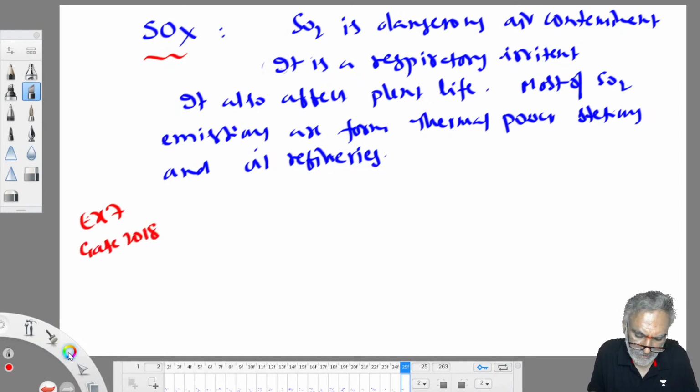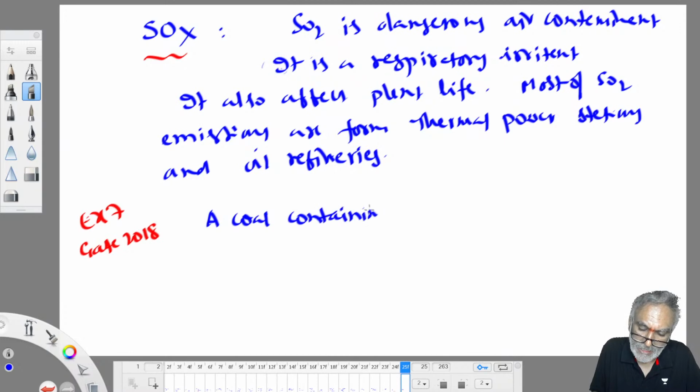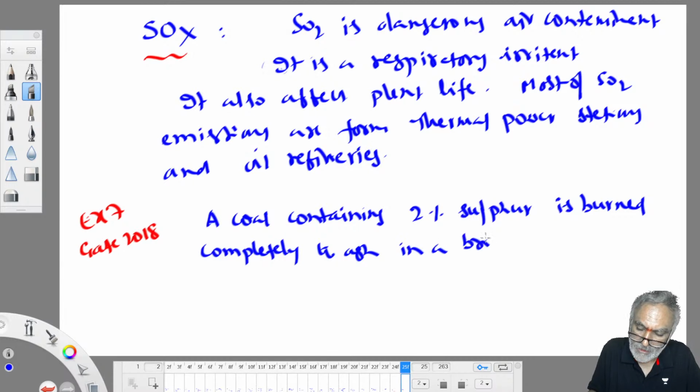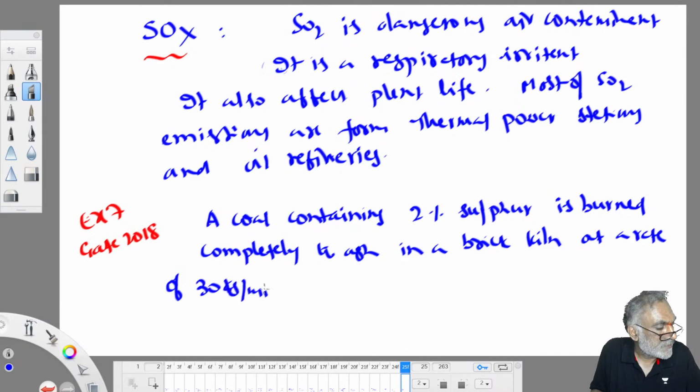A coal containing 2% sulfur is burned completely to ash in a brick kiln at a rate of 30 kilograms per minute.